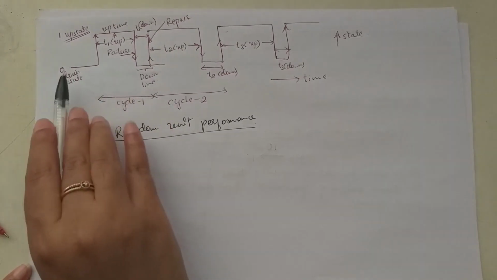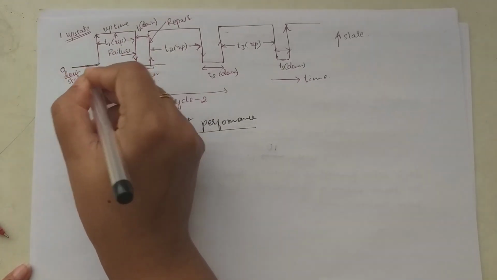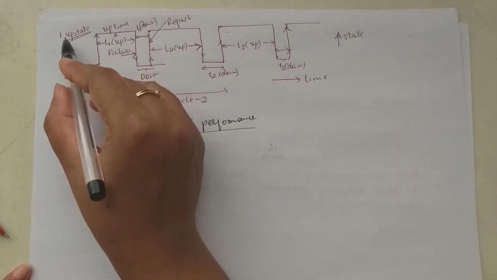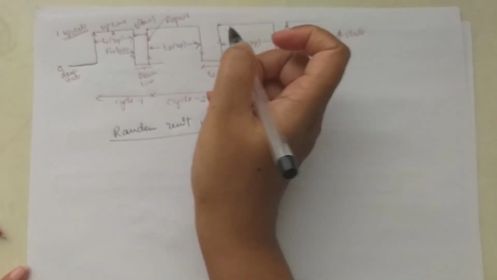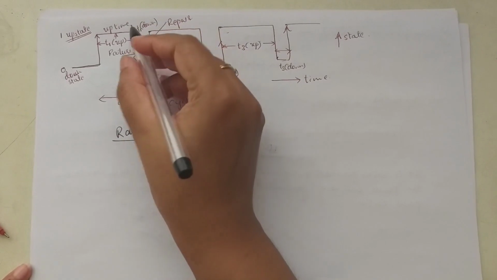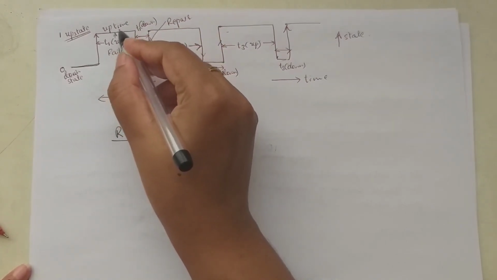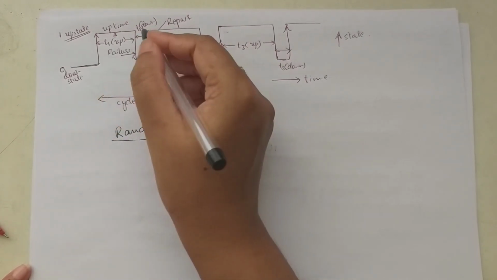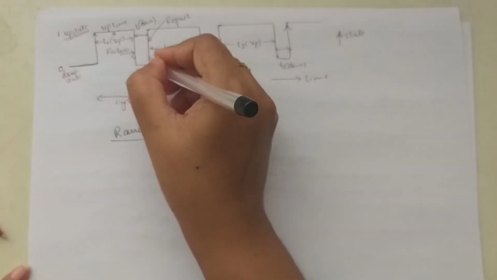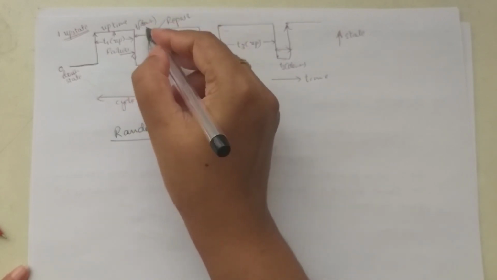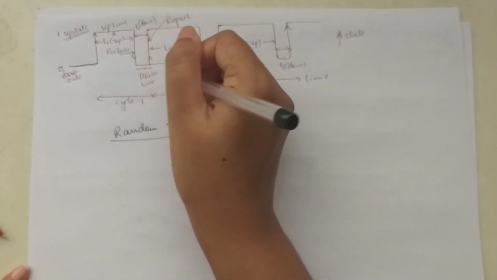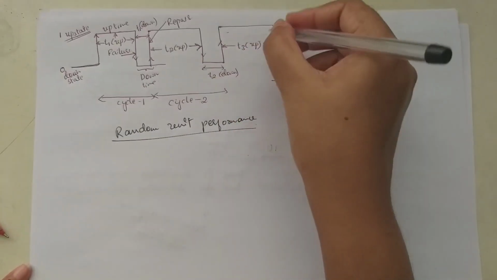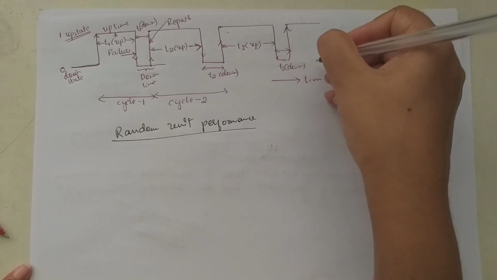Here this is called the zero state or down state, and this is called the up state or one state. The operating time, which is also called uptime, is indicated by T1 up, and the failure time, which is also called downtime, is indicated by T1 down, followed by T2 up, T2 down, T3 up, T3 down.